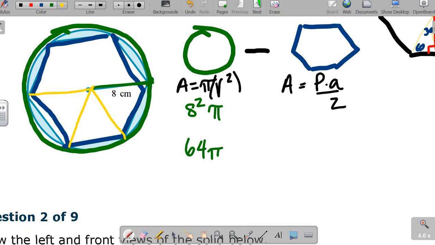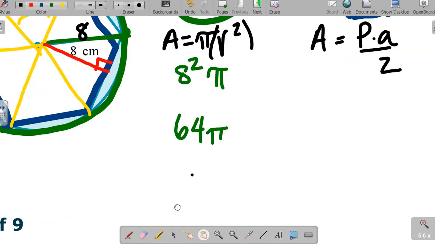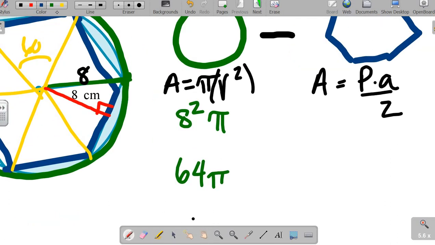Taking a look here, drawing our pizza slices. This is 60. I drop down my apothem. This is 8. Our 30, 60, 90 triangle. Let's get close here. This would make this 30. This would be 60 this way.